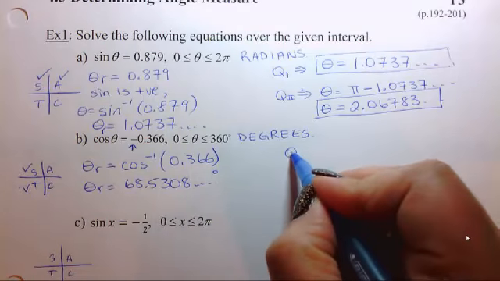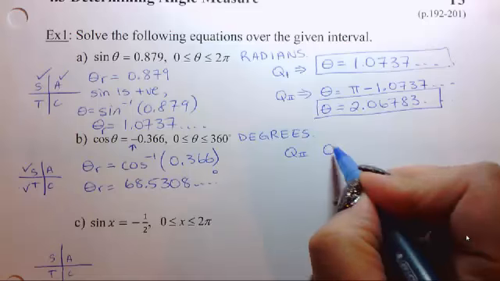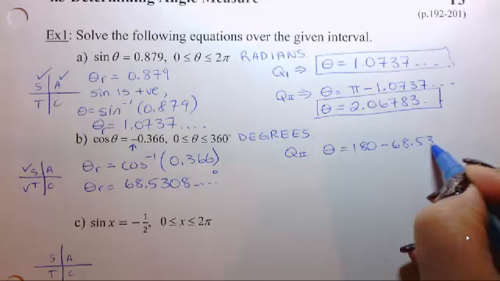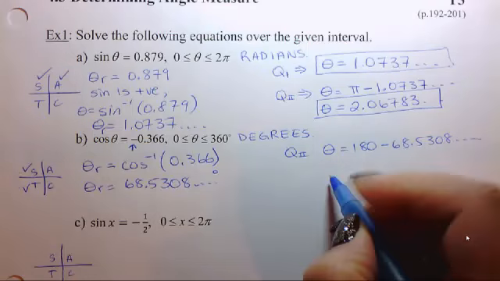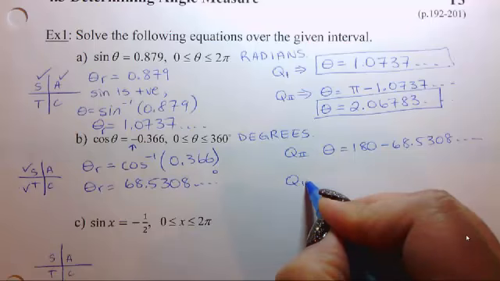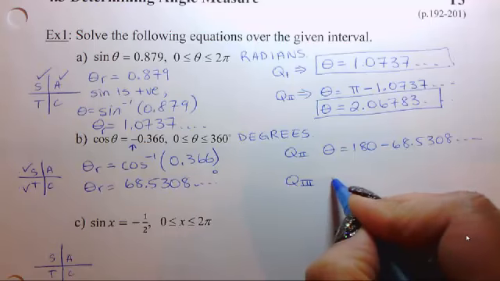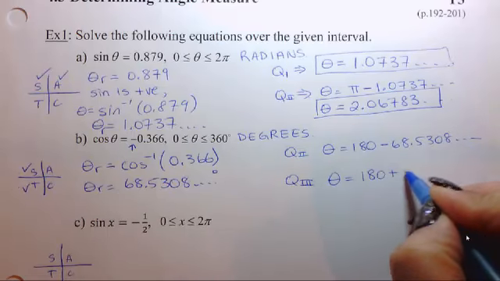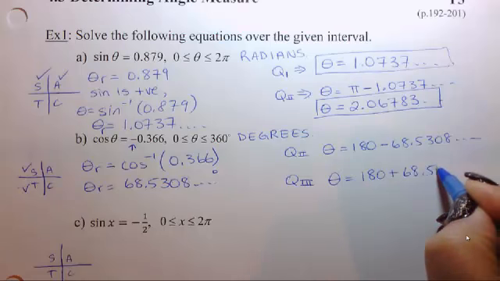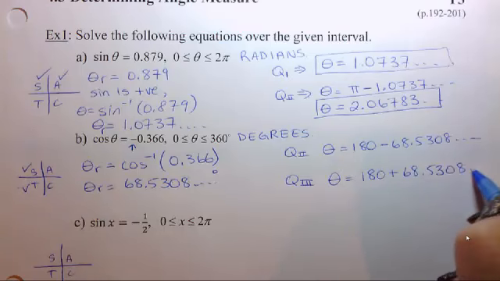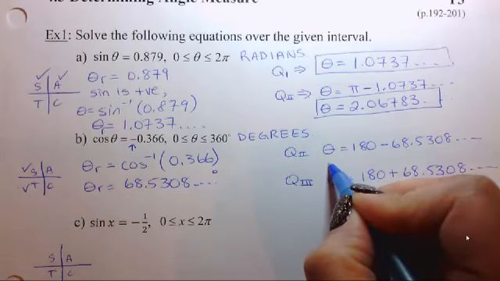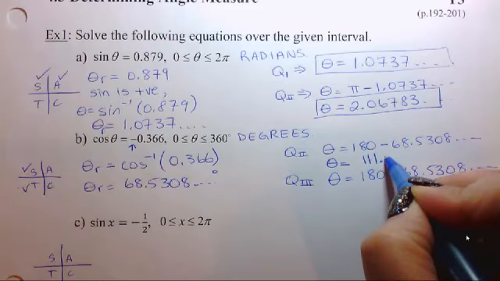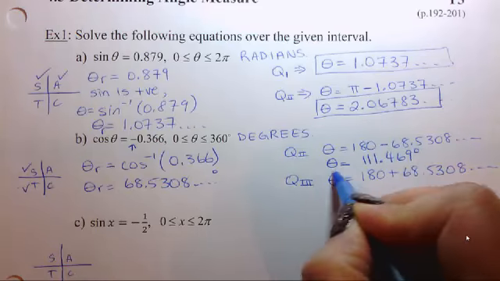So for quadrant 2, our theta is going to be 180 minus 68.5308... And for quadrant 3, our theta is going to be 180 plus 68.5308... Okay, so the answers that we want to get are right here, 111.469 degrees for quadrant 2.